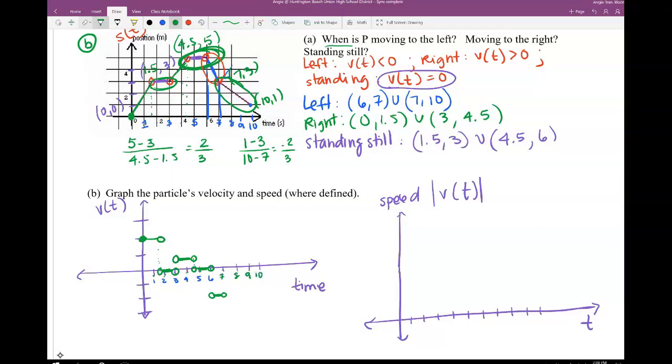Okay, so from 7 to 10, it's negative and is close to -1. So here, to all the way here. I just have to be careful because, okay, the slope is negative 2/3. Okay, so there you go.